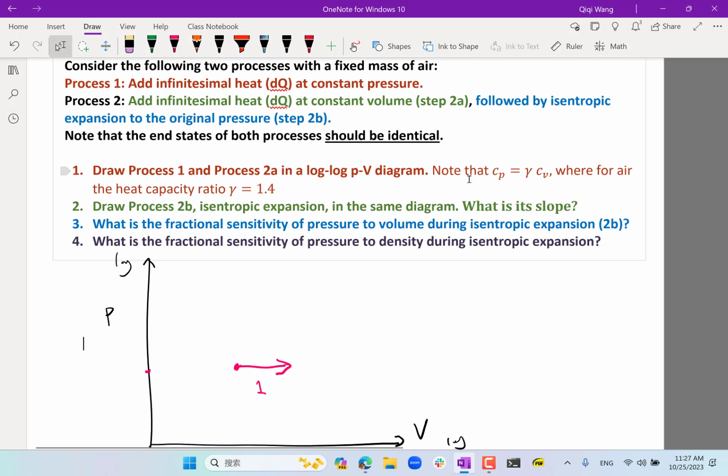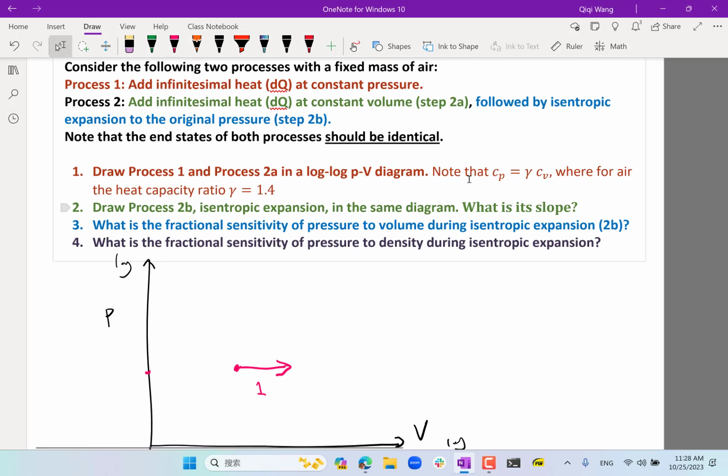Now process 2 is a separate process. We take the same amount of air initially at the same temperature, same density. One goes here, one goes there. The first bunch of air goes through process 1, and the second bunch goes through process 2. Because I'm adding the same amount of heat and afterwards expanding to the same original pressure, the two bunches of air should end at the same state.